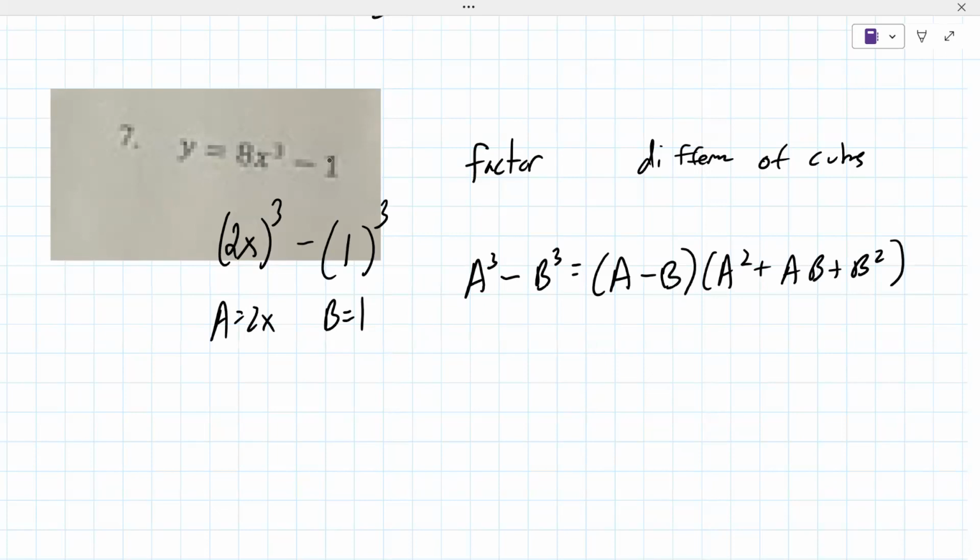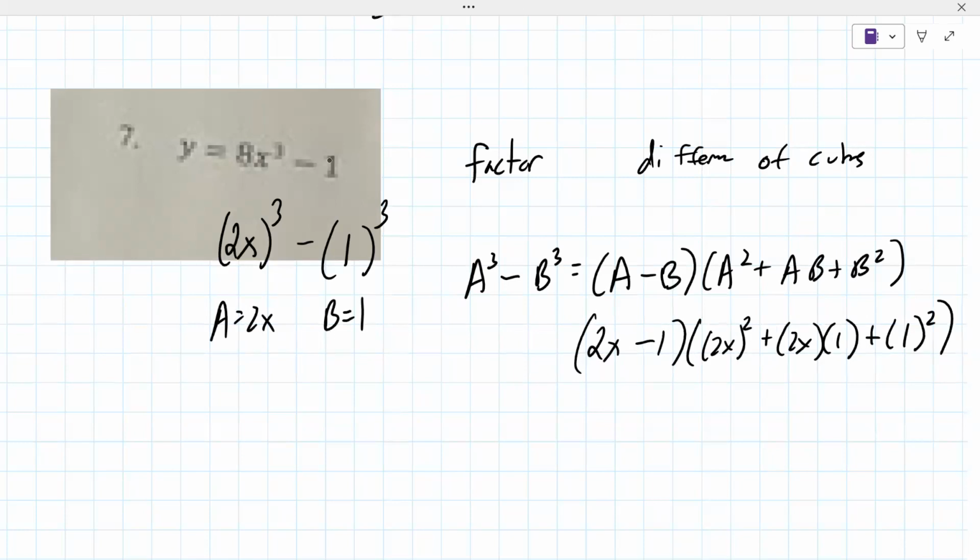So now you just put those into the formula. Instead of a, you write 2x. Instead of b, you write 1. Instead of a, you write 2x, but it's squared. Plus 2x times 1 plus 1 squared.